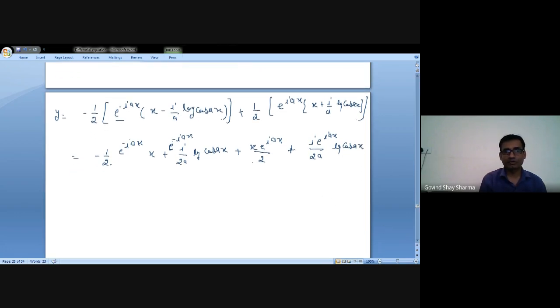So x by 2 is common, x is out, then x by 2 is common, e to the power iota a minus e to the power minus iota a, plus here we take log cos ax common, iota is also, 2 is also, then it becomes e to the power iota ax plus e to the power minus iota ax.